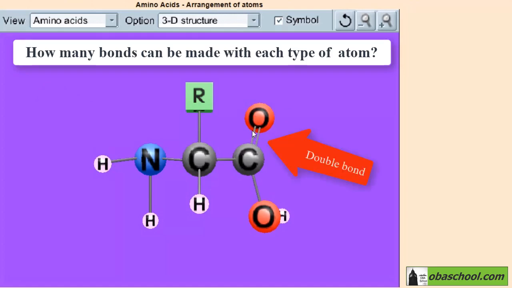Oxygen is going to have a double bond. Nitrogen is going to have 3 bonds, 1, 2, and 3, while carbon is going to have 4 bonds, 1, 2, 3, and 4.